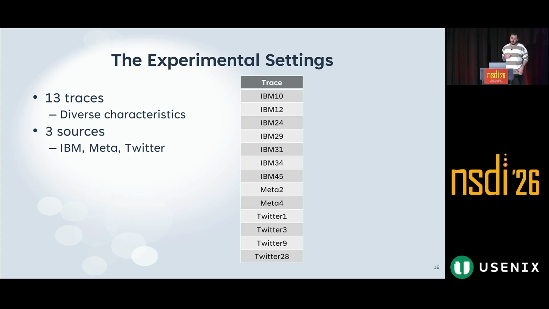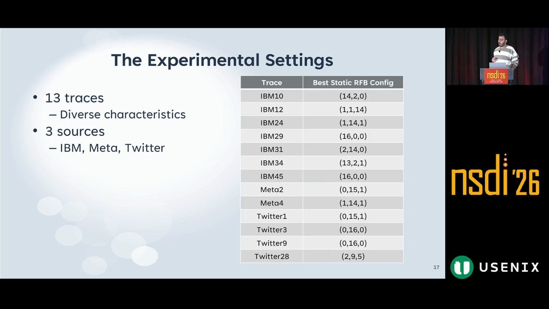So let's talk about the experimental settings. First of all, we compare ourselves across 13 diverse traces from IBM, Meta, and Twitter, which were augmented by adding latencies of real-life remote storage configuration measured in previous work.